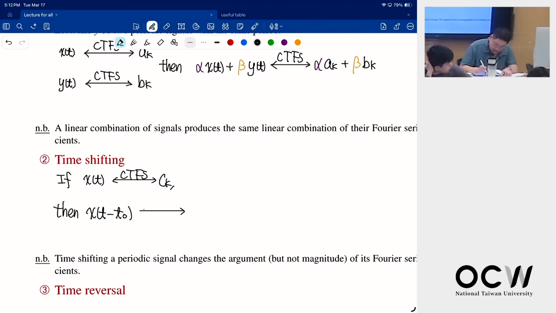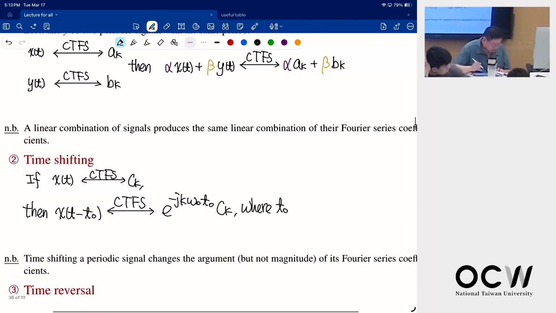If I have a delay, what happens to your coefficients? You have e to the minus j k omega naught t naught times c_k, and t naught is a real constant.